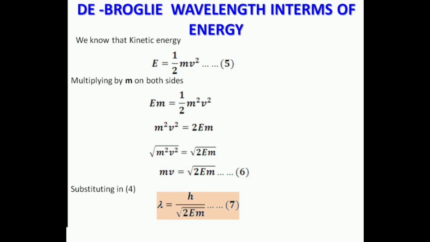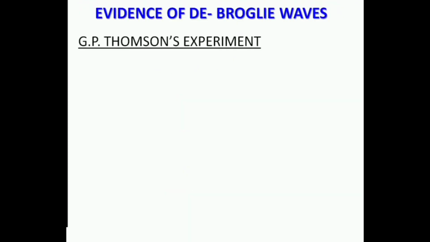We can put in the values of h and m for electron, proton and neutron, and we get different values of wavelength for the electron, neutron and proton respectively. We can put in the values of energy that we provide to the particle, and from that we can calculate the wavelength of the associated particles.